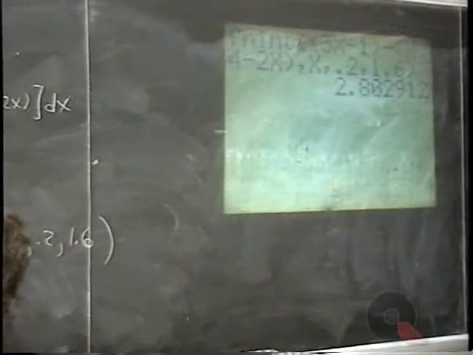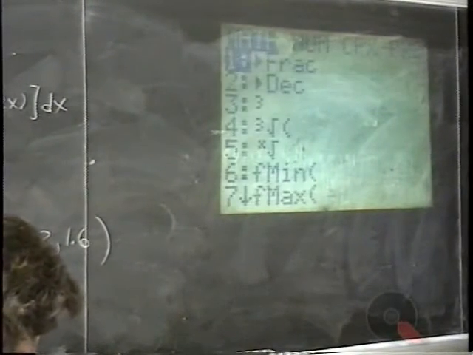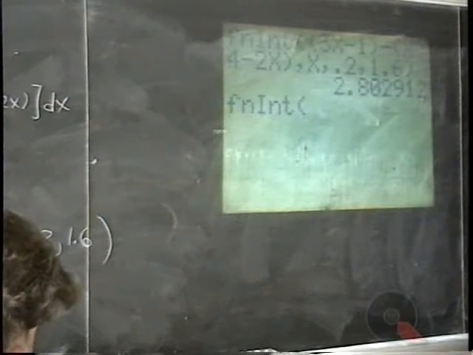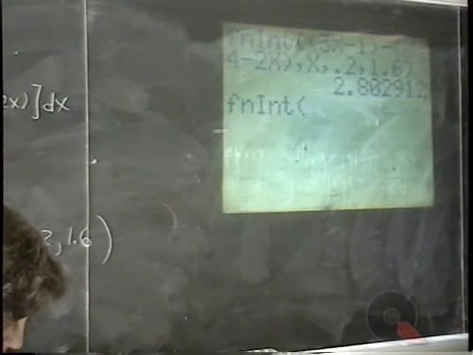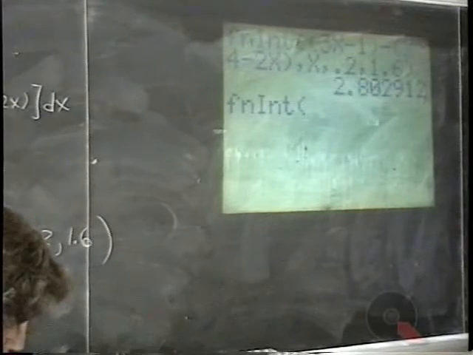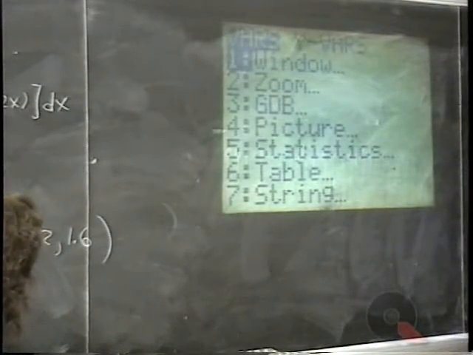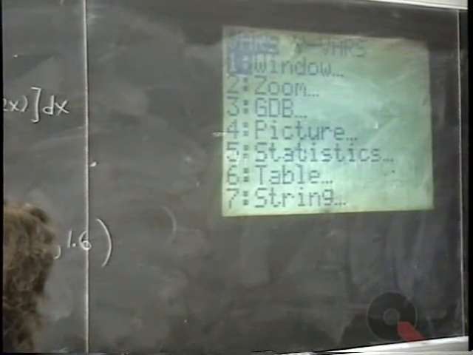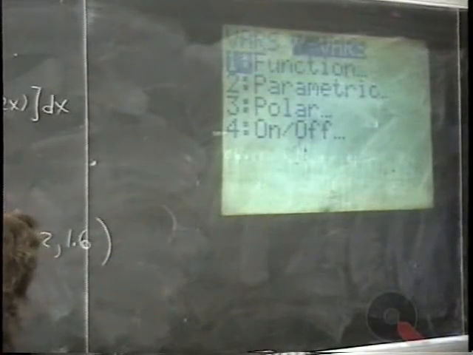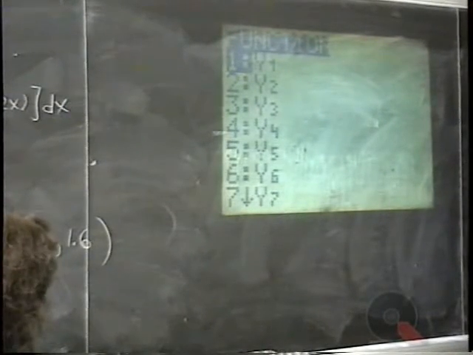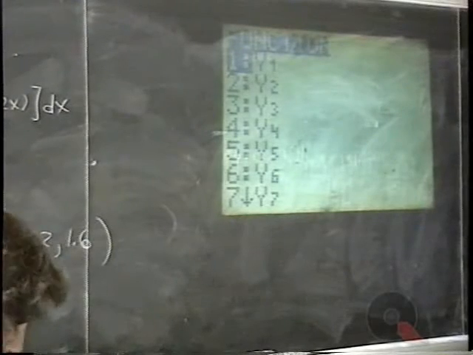Instead of what we have there, I'm going to hit now Math and 9. Now, go over to where it says Variables. The VARS, it's the third row right next to the clear button, Variables. And put the cursor over to Y Variables. It says Function, hit Enter. And I want Y2 first. So go down to 2, or just hit 2.